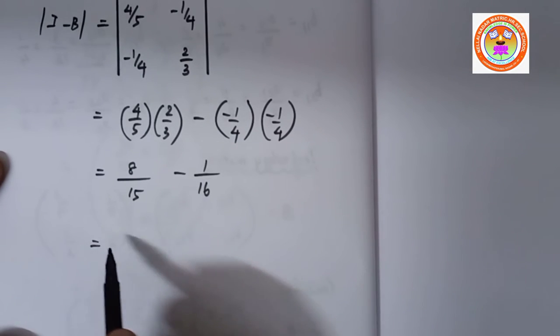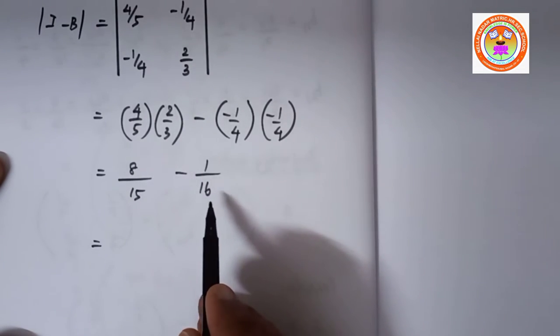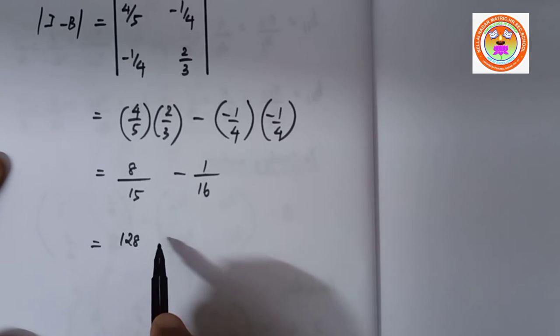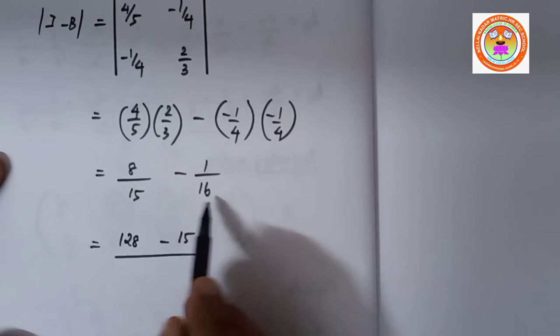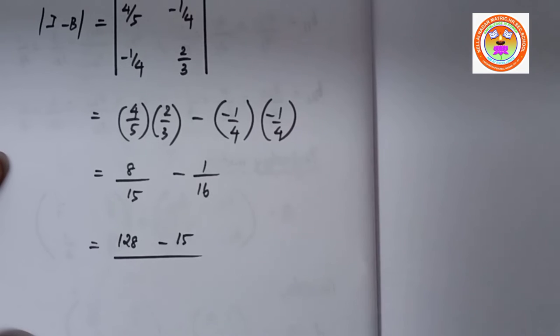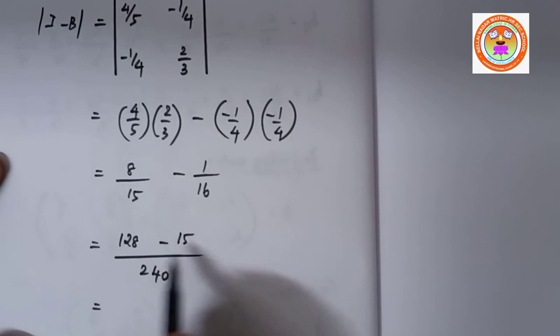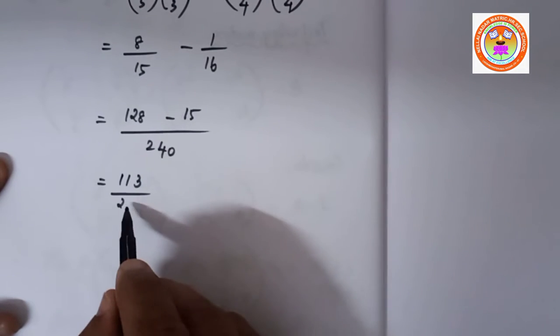Nothing common between 15 and 16, so you just multiply, 8 into 16 is 128, minus 15 ones are 15, whole divided by 15 into 16, that is 240. If you subtract, you will be getting 113 divided by 240.